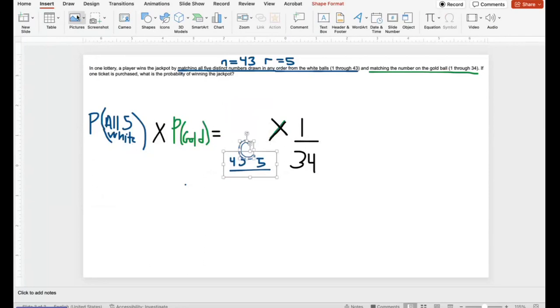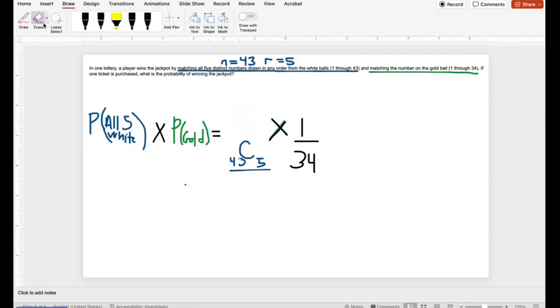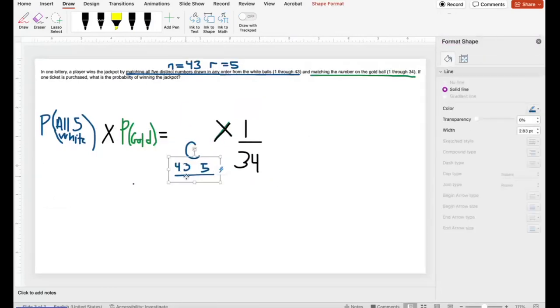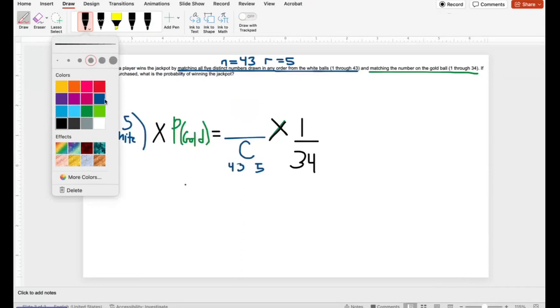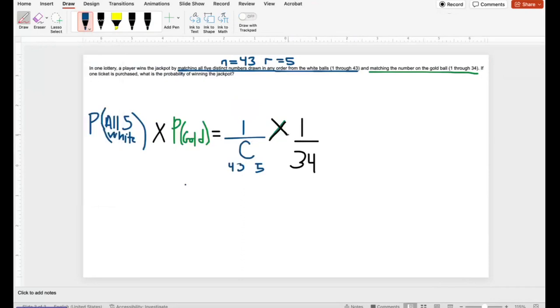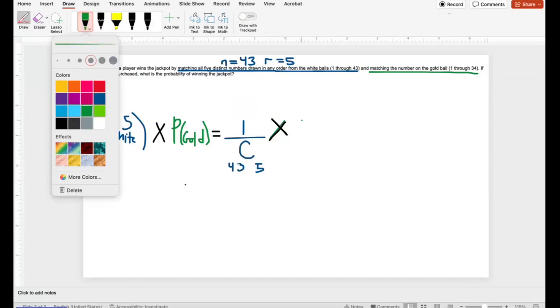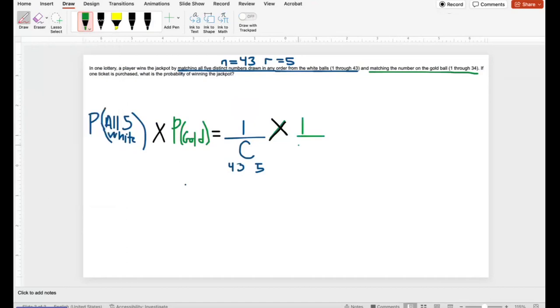We're just assuming that they're pulling from 2 different bowls. One has the gold balls, and one has the white balls. And then we're just going to multiply it and find out what we get. Now I wanted this to be green because that's the one we have as the gold. I should have used yellow for gold, but I didn't.